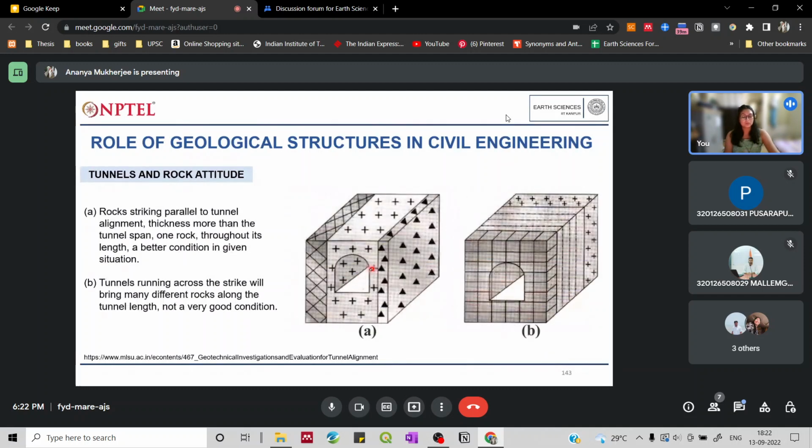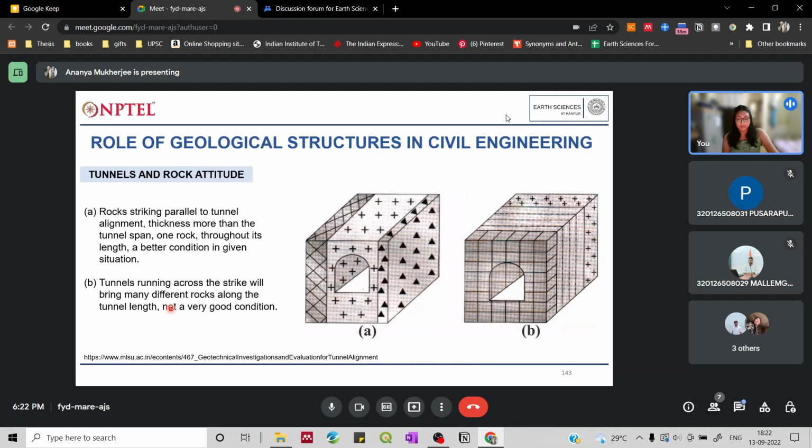You can see over here also, case A shows that the tunnel is going through one single rock unit, one single rock bed. So this again would be a suitable, much better, resilient structure for you, and you can favorably build a tunnel across such a setting.